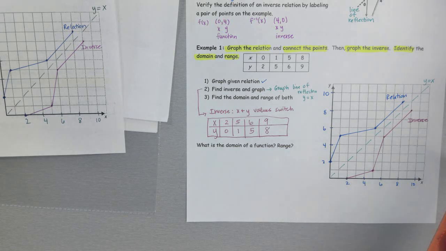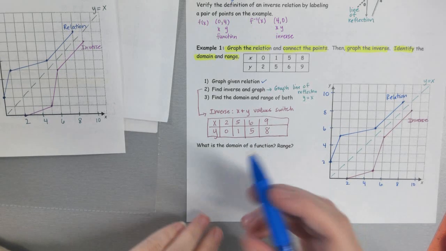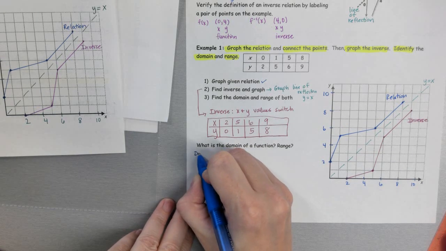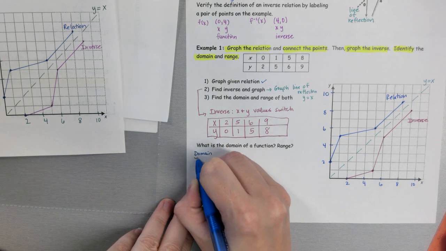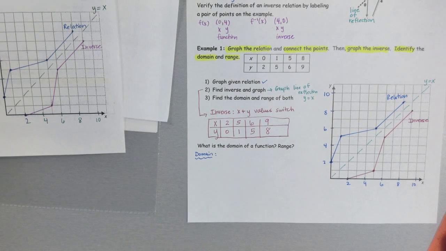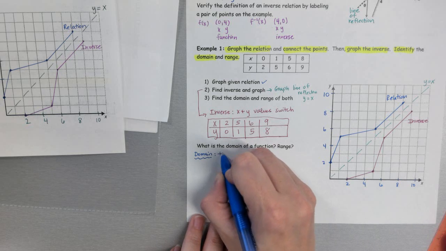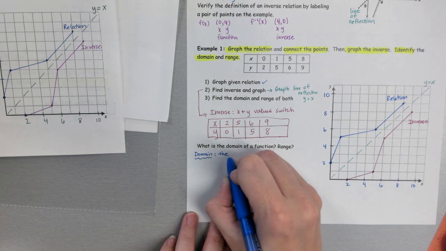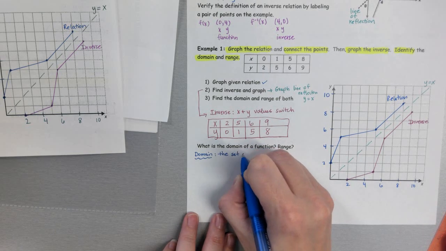Okay, and then we're going to talk about the domain and range of a function. So the domain and range of a relation is going to be related to its table. Do you guys remember yesterday we talked about the domain? The domain is related to what? The x's, yep. So this is going to be the set of x values.